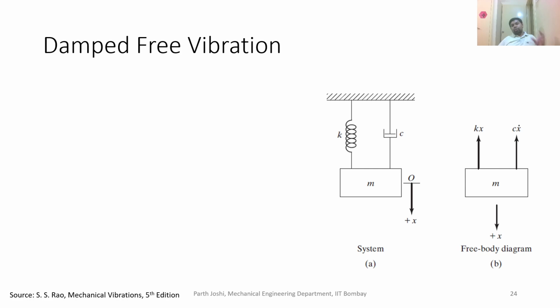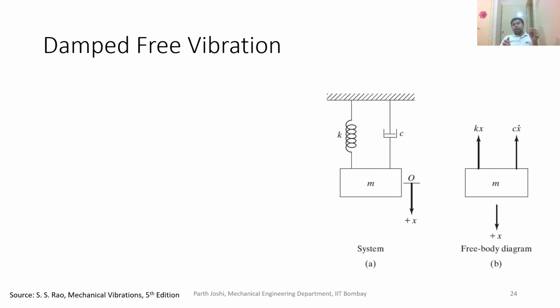A combination of viscous friction as well as Coulomb friction, since the piston is rubbing against the wall of the cylinder. But let us say the damping force is caused by the fluid passing through some orifice.